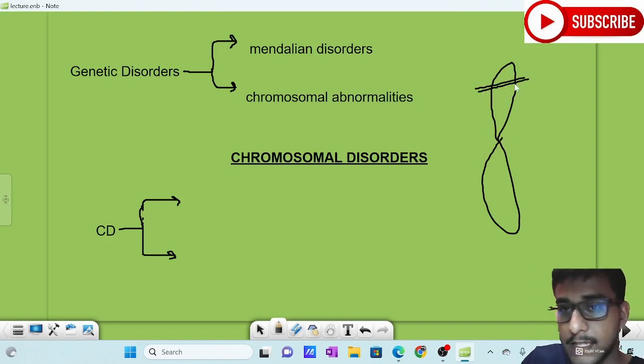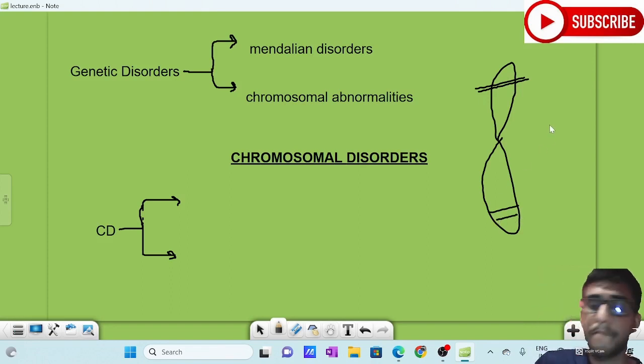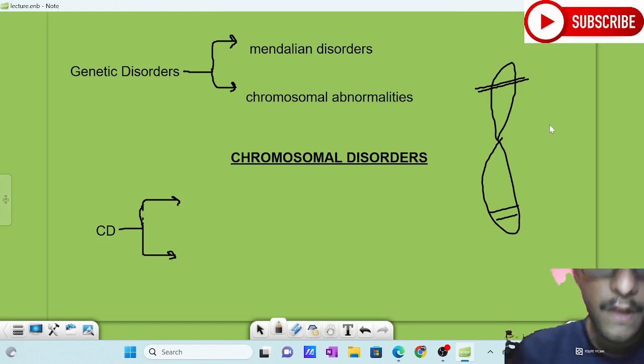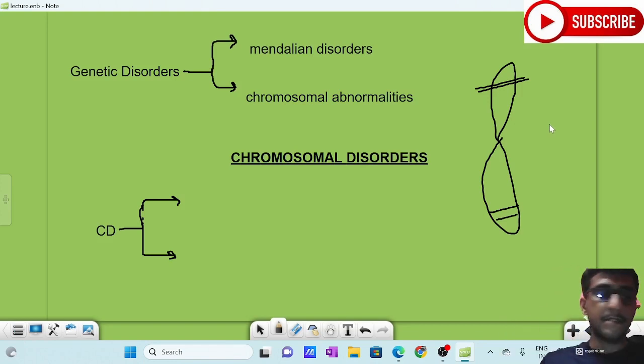Addition, and this is deletion. Consider this has been deleted; this portion has been removed, or a certain portion has been added into the chromosome. You will clearly understand how it is added or deleted in the next chapter. Now just understand it like this. So chromosomal disorders are either insertion or deletion, and insertion can also mean duplication.